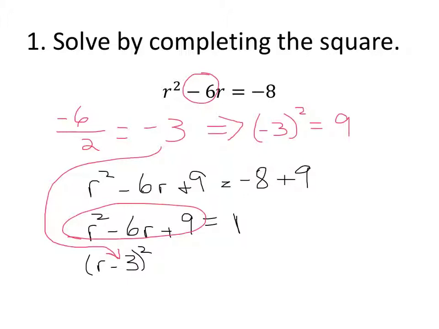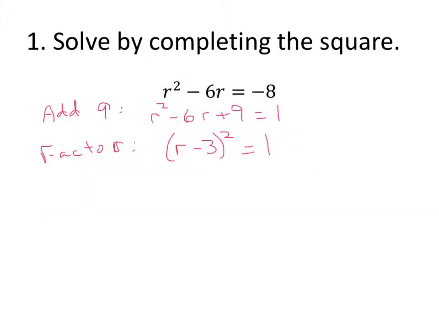It's half of what's in front of the r coefficient. So r minus half of 6, and all of that squared, equals r squared minus 6r plus 9. So we've changed that to its factored form, and it's still equal to 1. Okay, I've cleaned up a little bit.